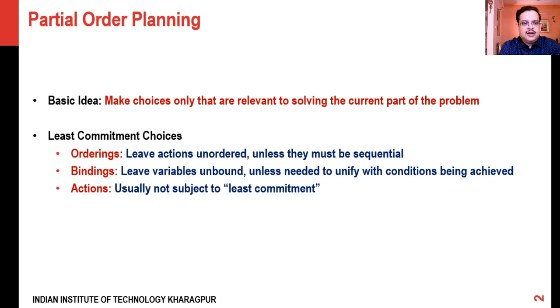And bindings are important when your actions have variables and you need to instantiate those variables into certain constants or maybe with other variables, and only then you get the desired effect of the action. So we are going to look at orderings and bindings in the context of the example that we discussed in the last class, and through that we are going to understand how the algorithm for partial order planning works.